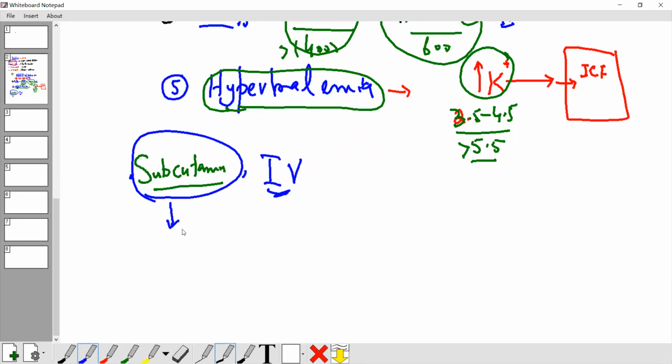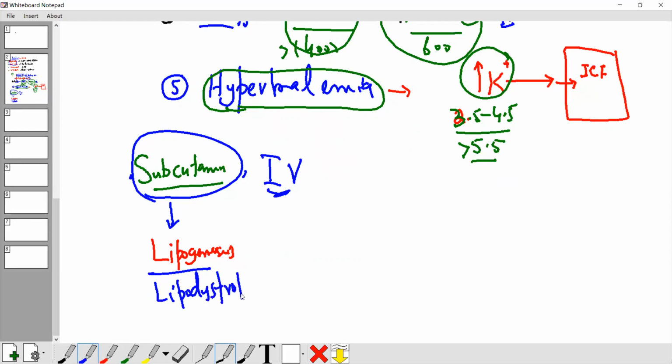At the site of injection, sometimes abdominal skin, sometimes thigh skin, we use subcutaneous injection. And there, what happens? Insulin causes lipogenesis. So at the site of injection, small mass-like structures form, known as lipodystrophy.